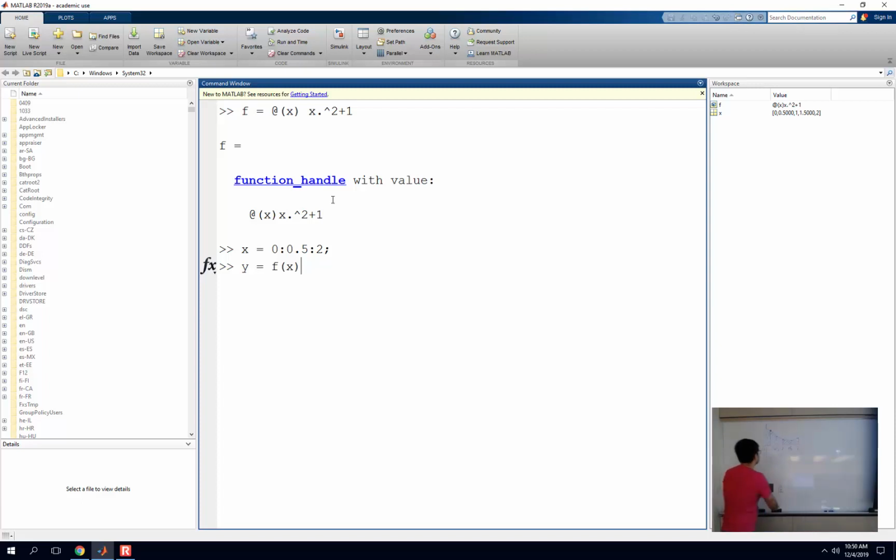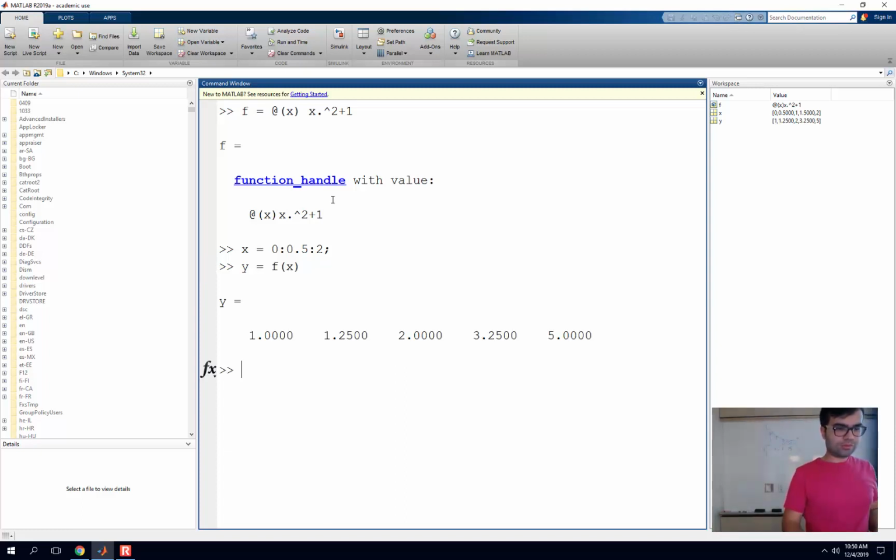So for each x value now, I have a y value, right? I have a bunch of x and y values now. Now I would forget that I have a function in the first place.